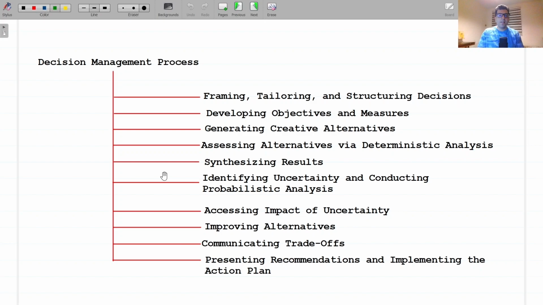Identifying uncertainty and conducting probabilistic analysis. It is important to identify potential uncertainties surrounding the assessed score and variables that could impact one or more scores. One example of uncertainty is that system concepts are described as a collection of system element design choices, but knowledge of the system element performance during system design is often incomplete.